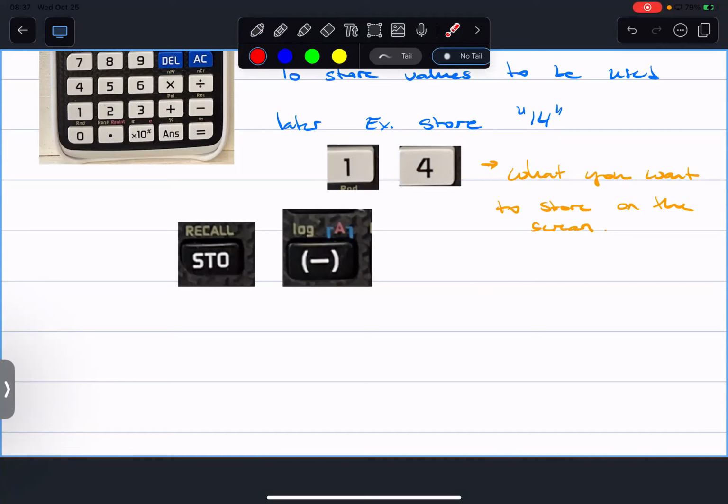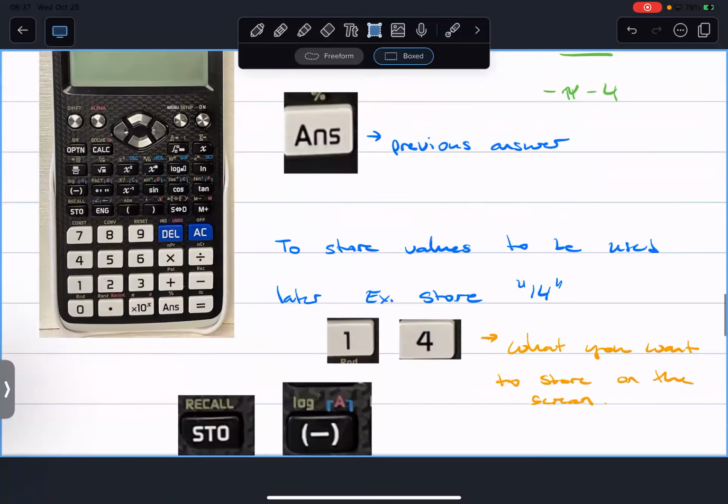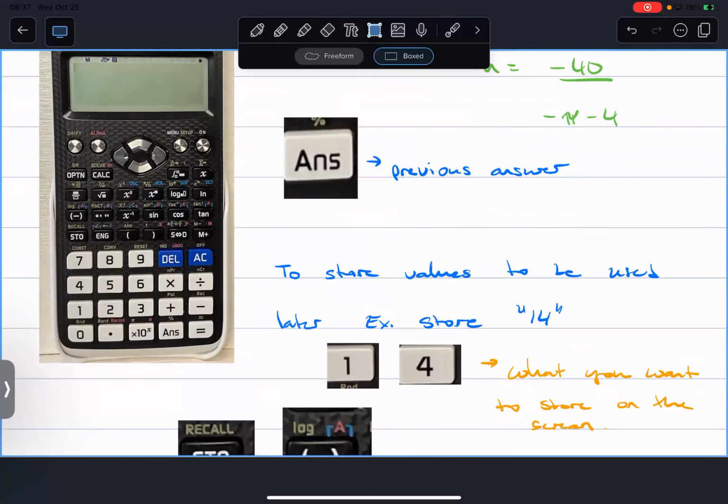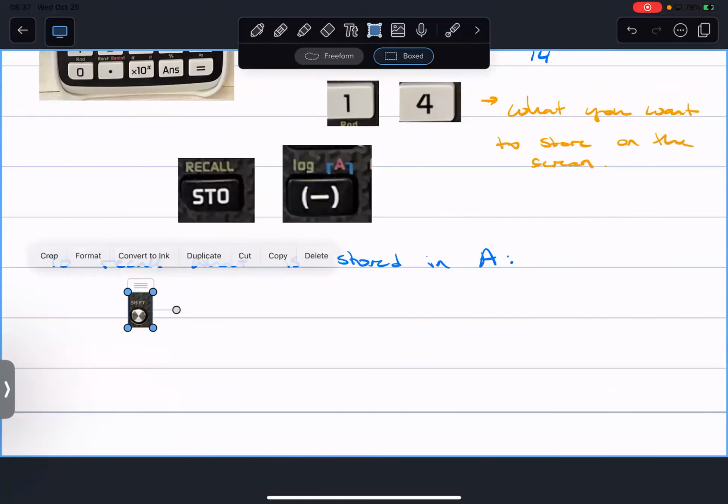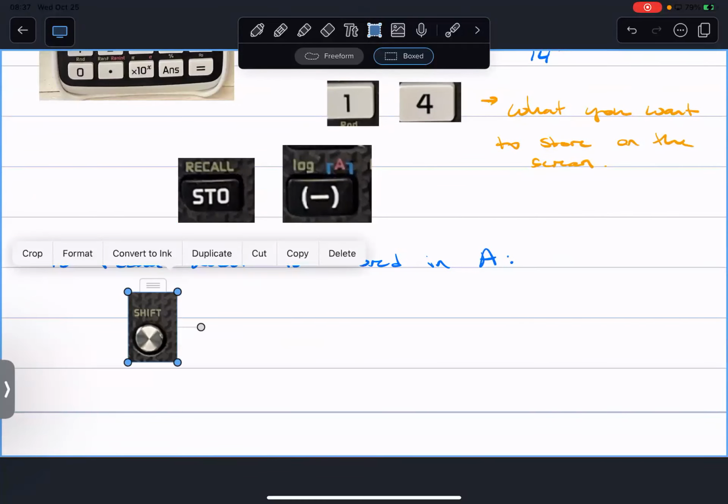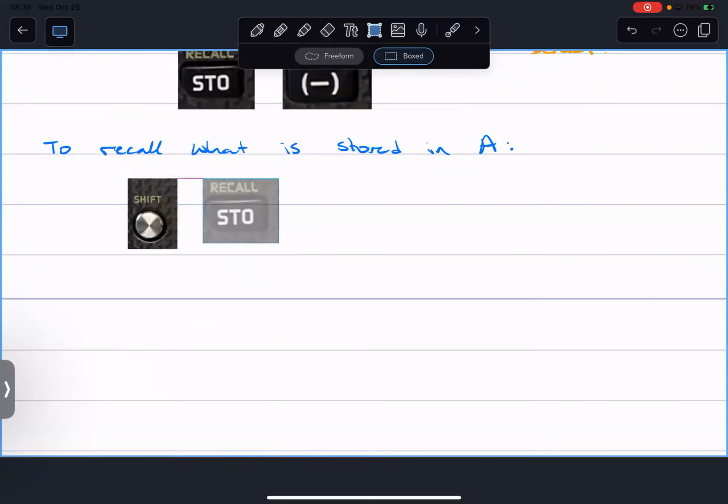Now, if you want to recall what is stored in A, you have to go shift, of course, and then recall.